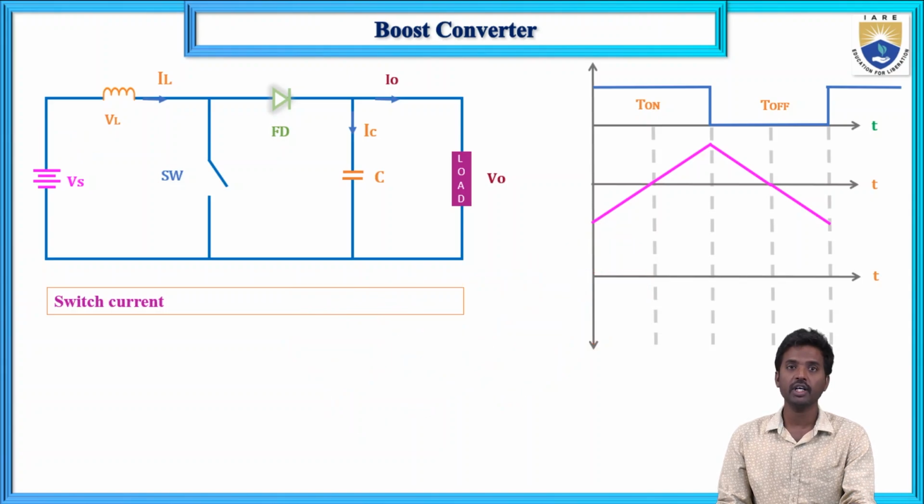And what about switch current? Switch current means ISW. ISW equals IL into, now here what about this one? IL into this value.